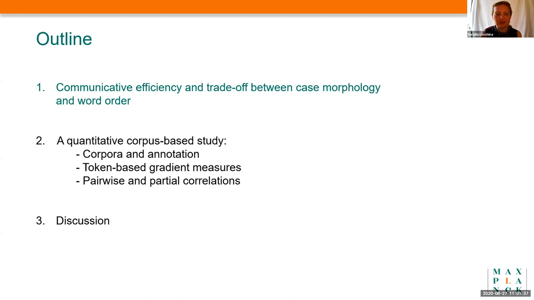Then I also talk about token-based gradient measures that I derived from those corpora, including entropy for word order flexibility, and also some other measures for case marking and semantic fit between lexemes and arguments and something else.